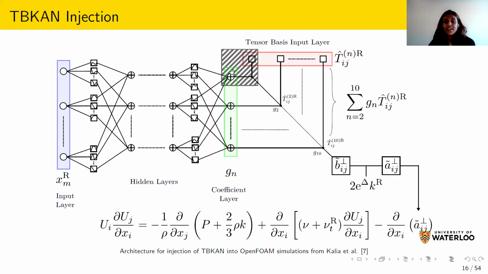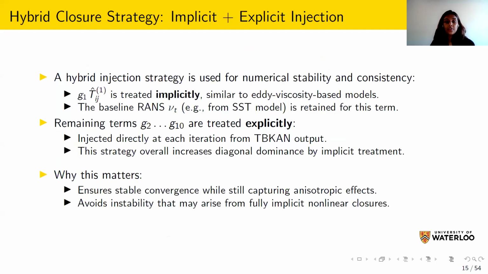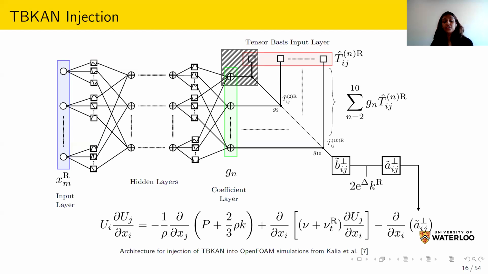I guess your question is what happened to the first term. Here you take the G1 term as the new TR, which just goes here, and the other parts are all in the AIJ orthogonal term.